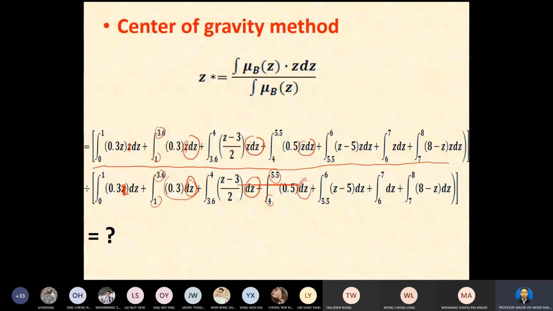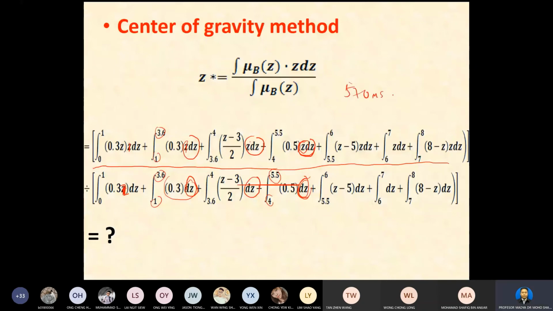There is a difference between the numerator and denominator. On the above we have the z dz, but on this one we don't have the z, so we cancel out the z. This one you can use your calculator. If you have the latest version of the calculator, I think the MS47, I'm not sure.